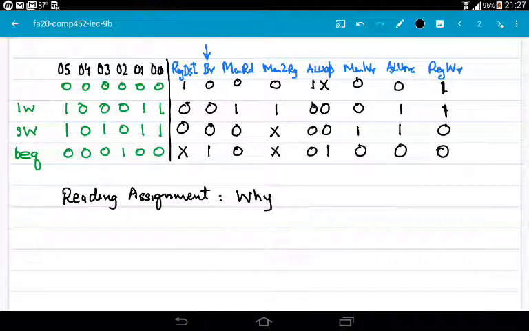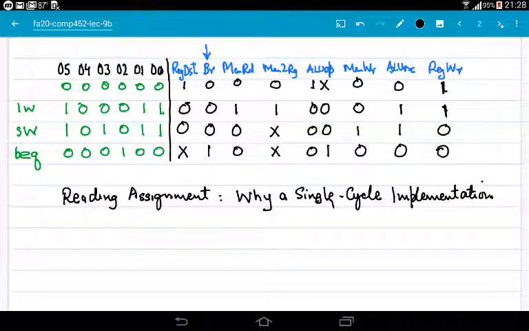It is the last subsection of section 4.4: why a single cycle implementation is not used today.